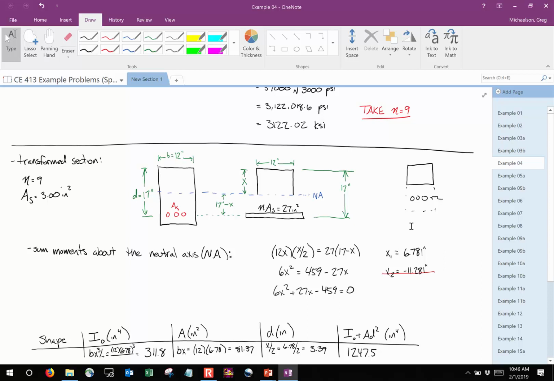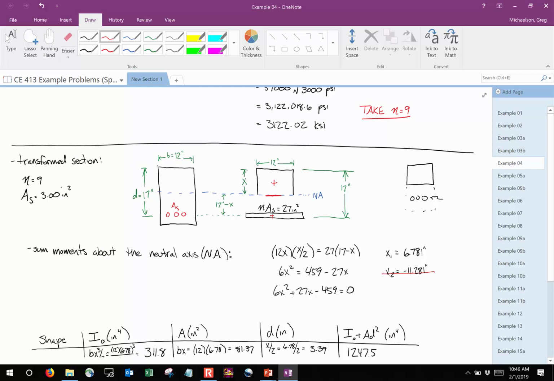How far is it from here? Hold on. How far is it from the neutral axis to the center? How about 17 minus x? No. Remember, the 17 goes to the center of the steel.